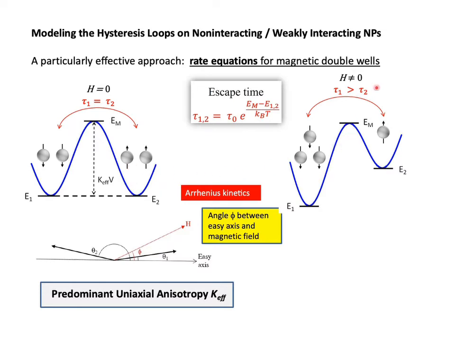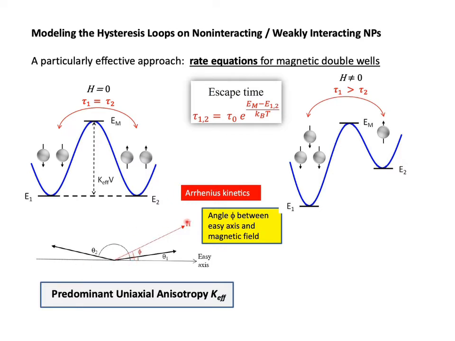By applying a field, at a determined time there can be the hop of one nanoparticle from one energy landscape to another energy landscape. This is a typical Arrhenius kinetics, and this process is governed by the predominant uniaxial anisotropy of our nanoparticles.